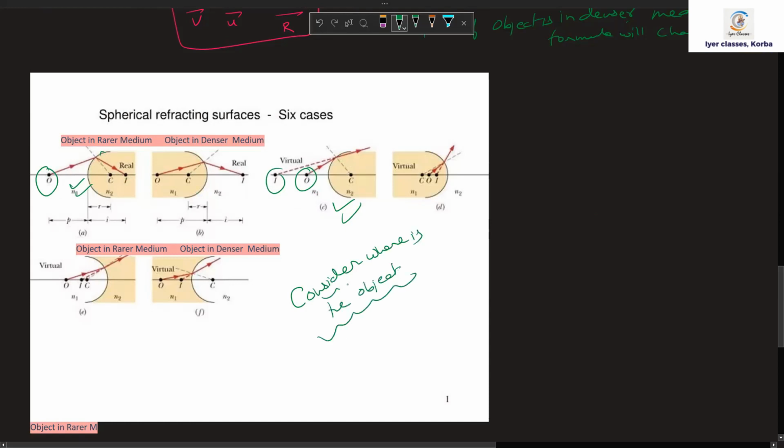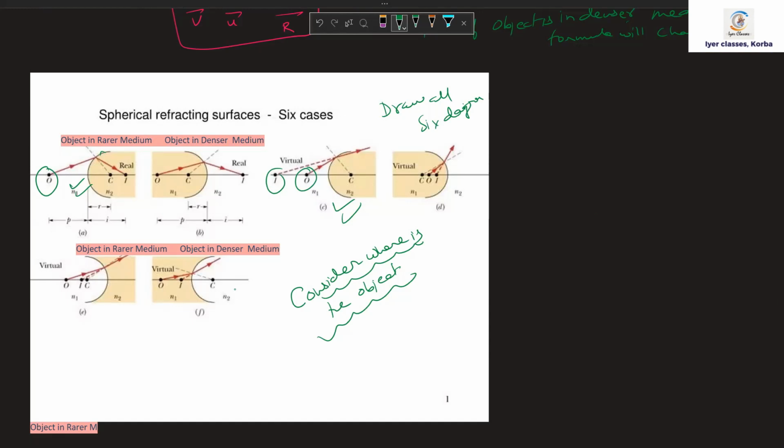We are not interested in where the image is. Now you have to draw all 6 diagrams, and if U, V and R are properly marked, and alpha, beta, gamma are properly marked, you will always get the correct derivation.